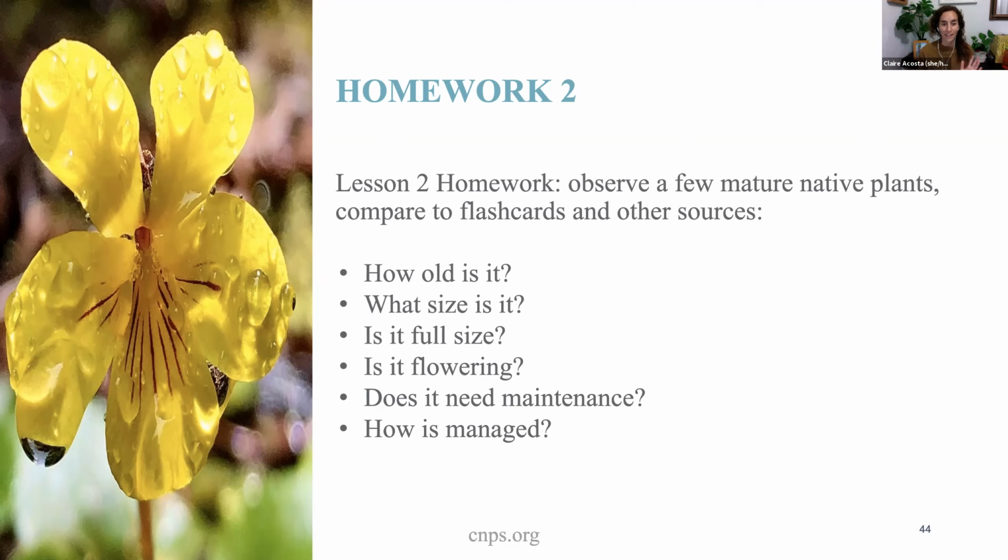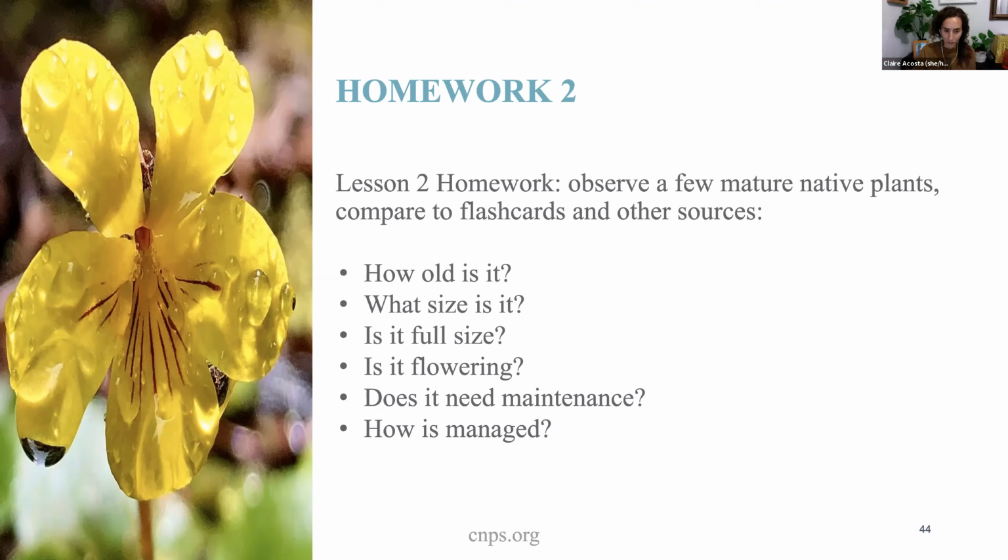Some of them say different things, and I want to get your take on what you're seeing and reading and finding out when you research it, from either cards, or you can use the Theodore Payne Foundation database on their website. Also, there is calscape.org. Calscape's a great resource, and it has all the native plants. Type it in, and it tells you maintenance things, sun preference, drainage, all those things.